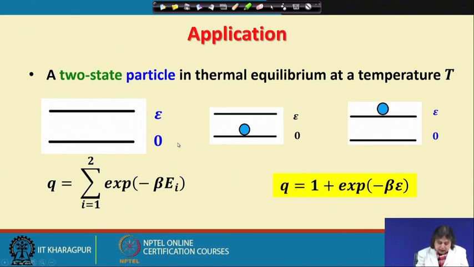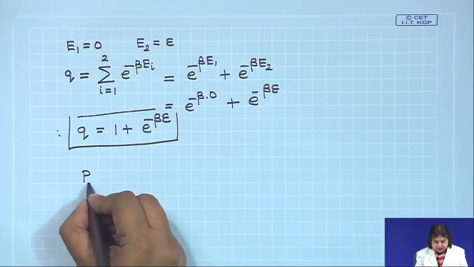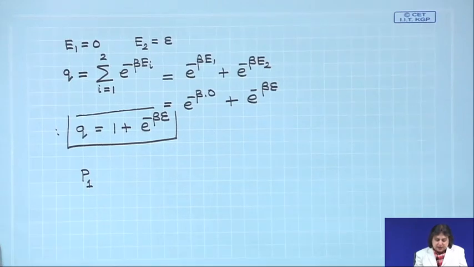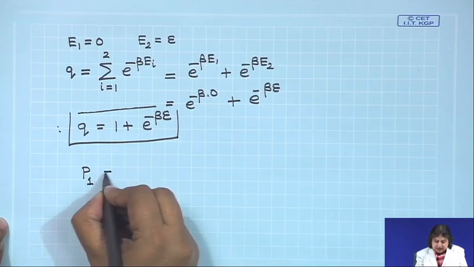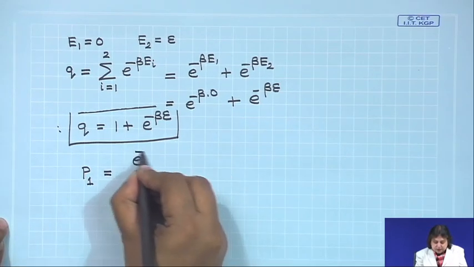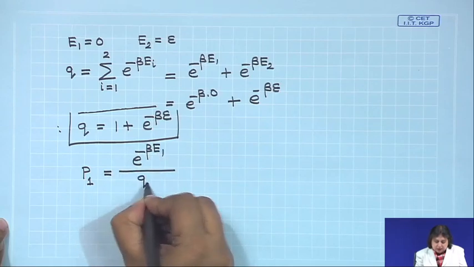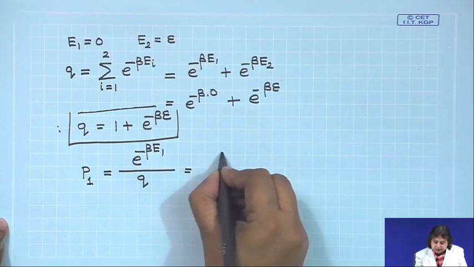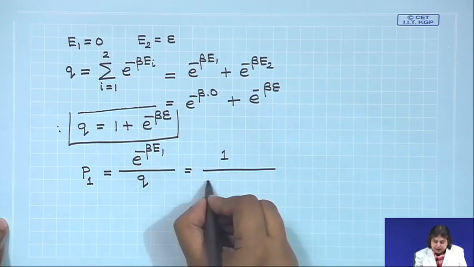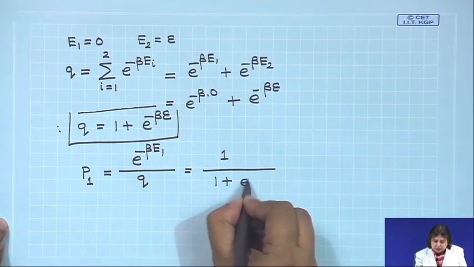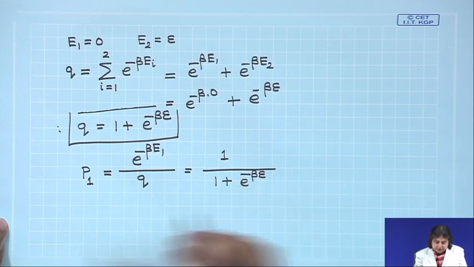Therefore, the probability of observing the system in the lower energy state, which has an index 1, is equal to e to the power of minus beta E1 by q. Now, what is E1? That is 0. So, this term becomes 1, and I have 1 plus e to the power of minus beta epsilon.